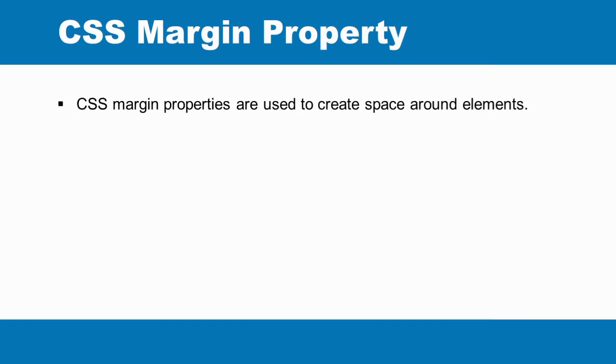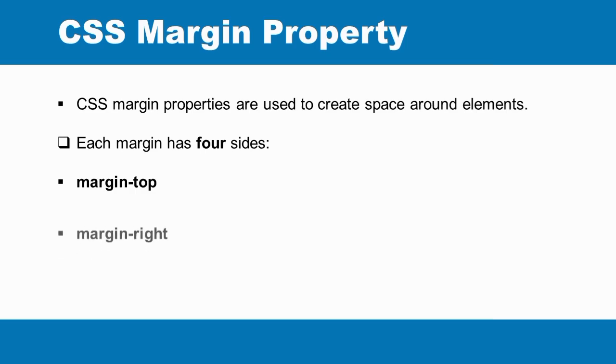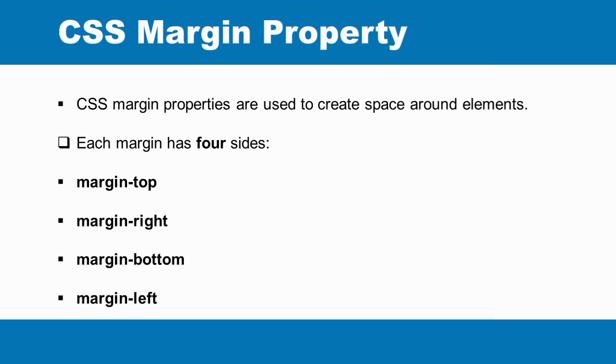Each margin has 4 sides, and you can use the CSS margin property to set the margin area of all 4 sides of an element. The 4 sides of the margin properties are margin top, margin right, margin bottom, and then the margin left.